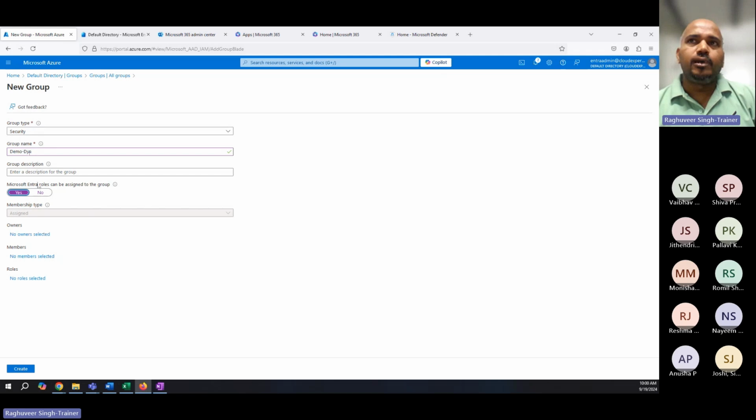Now understand this difference. When you select yes, that Microsoft Entra roles can be assigned to this group, those Entra roles are privileged roles. So you will not be able to create a dynamic group. This is for security, done by design, because Entra is your identity service.